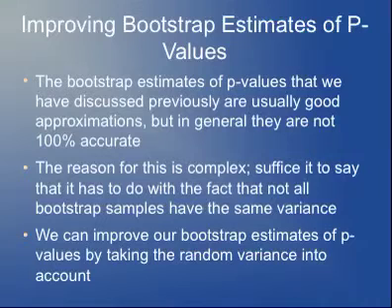So if you just use the permutation tests and bootstrap tests I've described thus far, you'll be fine. But if the variance varies quite a bit from sample to sample, you can find situations where this will give you weird results. So you can get better bootstrap estimates of p-values by taking random variance into account.